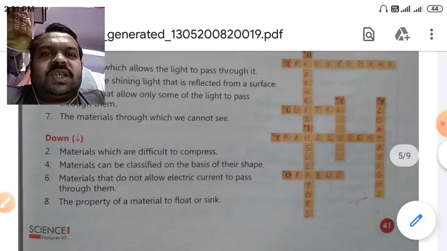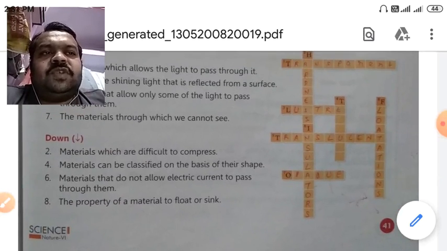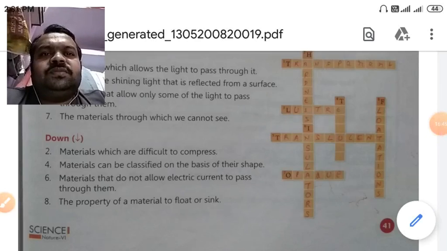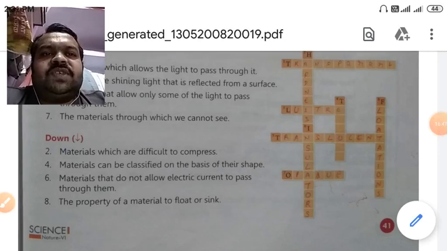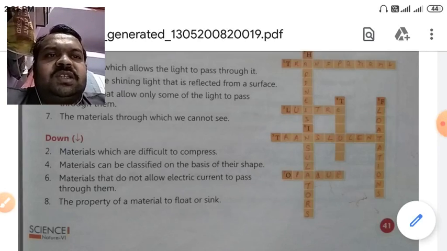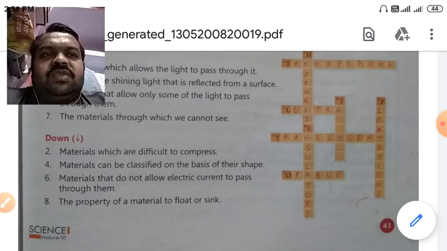Now the clues are given for the down. Materials which are difficult to compress.